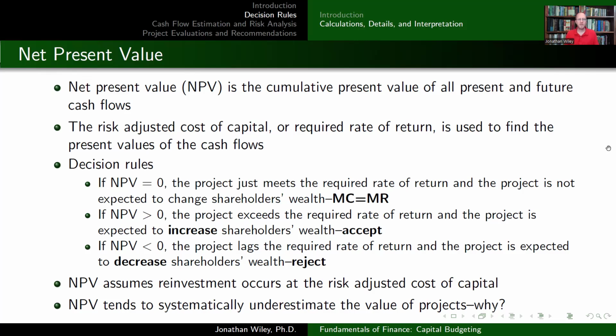Now, if net present value is less than zero, or in other words, negative, the project is lagging the required rate of return, and the project is expected to decrease shareholders' wealth. So this we would reject, and this would be kind of like a situation in which I go out and acquire capital with an overall cost of 10%, and I invest it in assets and investments, capital budgeting projects that are only expected to get a return of 3%.